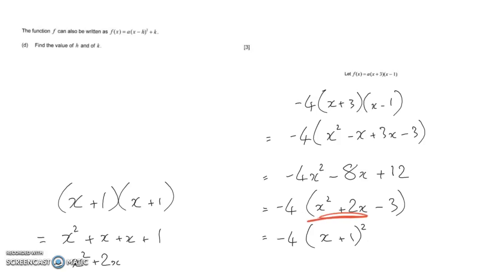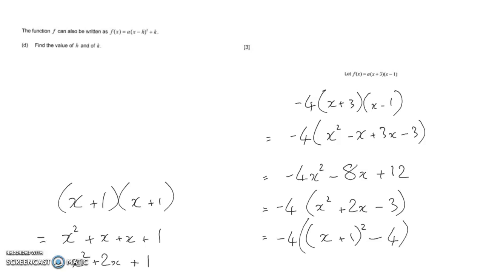But this also comes with a plus 1. Now, what I actually want is a -3. So I'm just going to need to go back and subtract 4 at this point, remembering that this whole thing is still under the bracket of -4.